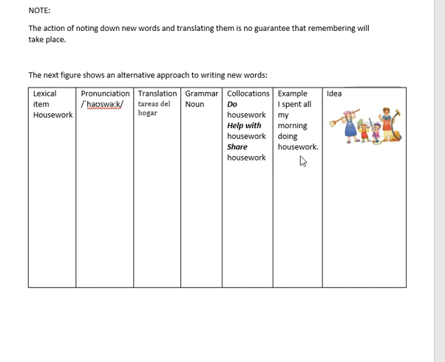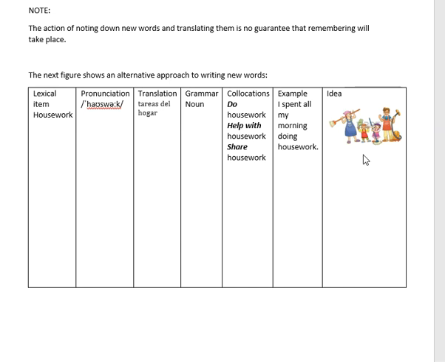The next section, of course, is to make an example of the word. Now, if you go on to any online dictionary, like I said, Cambridge or Longman's, you will find several example sentences that use the target word. So you can write 1 or 2 sentences which will help you understand the word in context.